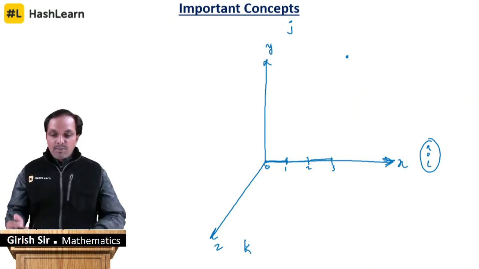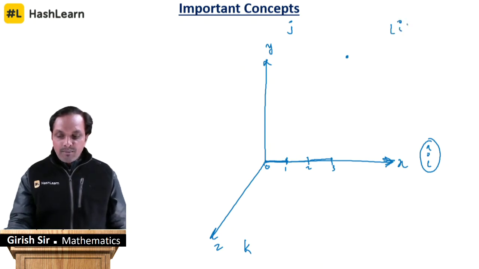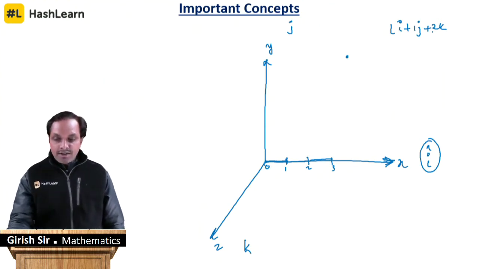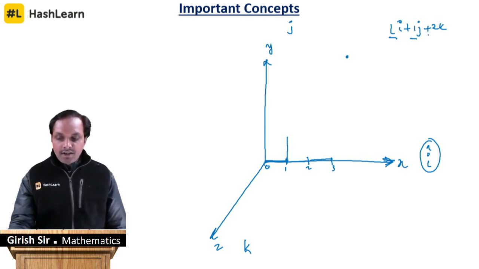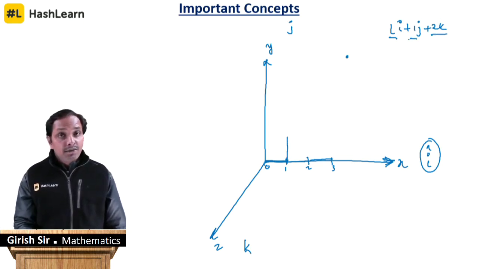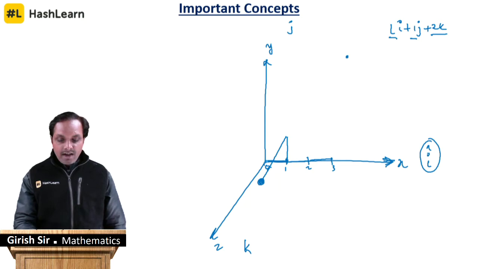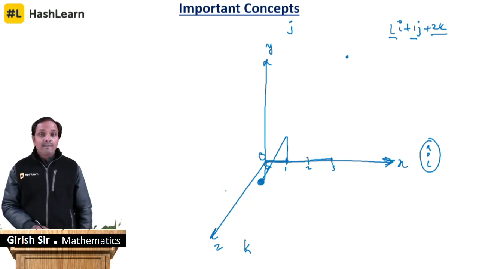Suppose I write 1i plus 1j plus 2k, what does it mean? The point lies at a distance of 1 in the x direction, at a distance of 1 in the y direction, and at a distance of 2 units in the z direction. Your point will be somewhere here, and you know that with respect to the origin we call it a position vector.